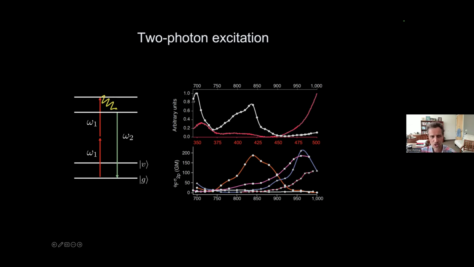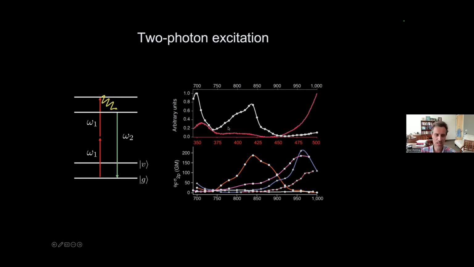It follows the features somewhat. The bump here corresponds to the bump over here, although it's shifted. The second bump vaguely corresponds to this, but this third one doesn't show up. So it's not a one-to-one match with twice the energy of the absorption.